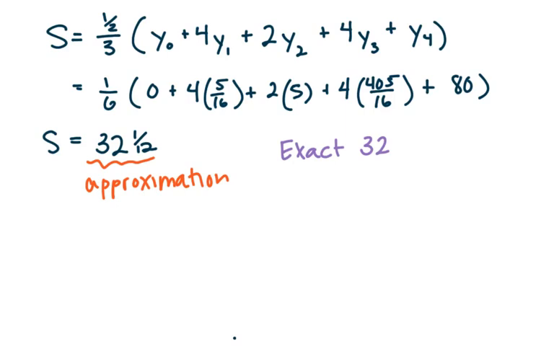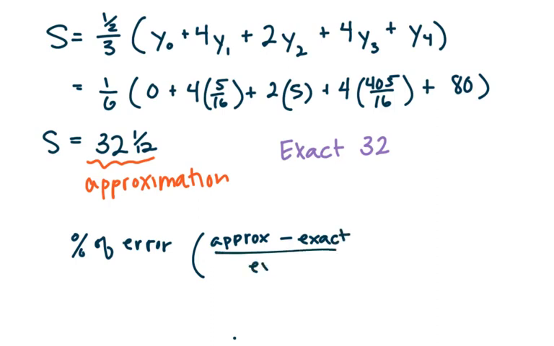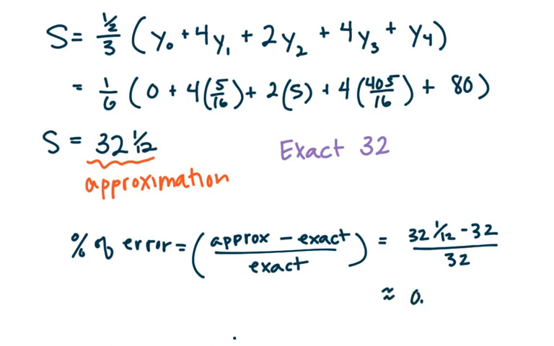And if we looked at determining that percentage of error, that's always going to be my approximation minus my exact divided by the exact, or 32 and 1/12 minus 32 divided by 32, which gives me 1/12 divided by 32, or roughly 0.0026, or rather 0.26%.